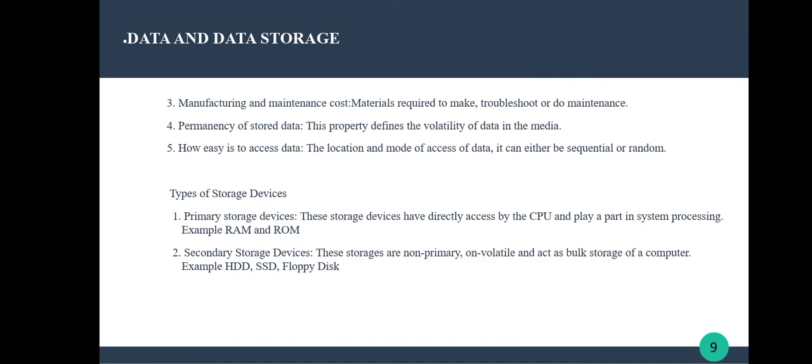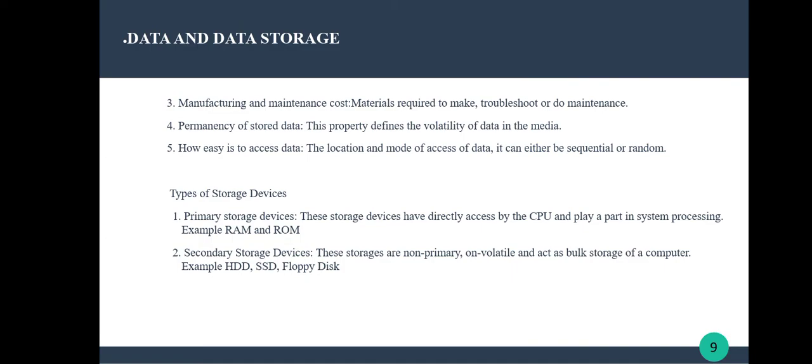So there are two types of memory out there that have this behavior, and this volatility depends on whether it is a volatile or non-volatile data storage device. Most random access memories, primary memories, are volatile storage devices.